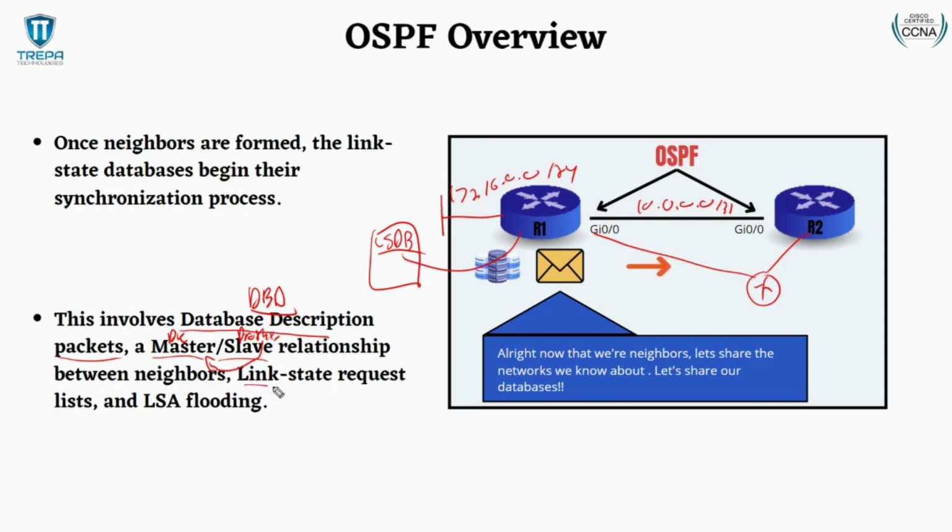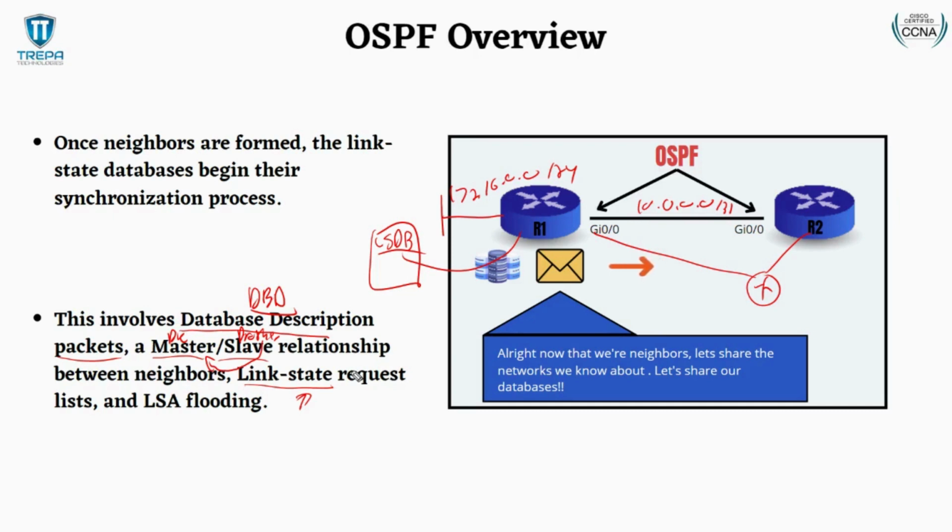So once that master-slave relationship between neighbors is formed, again, link state request list and LSA flooding is going to happen. So what this means essentially is that every router, after these database description packets are sent between, a slave is going to have what we call a link state request list saying, okay, I still don't know about this. So it's going to send an LSA request packet out to the master or the designated router.